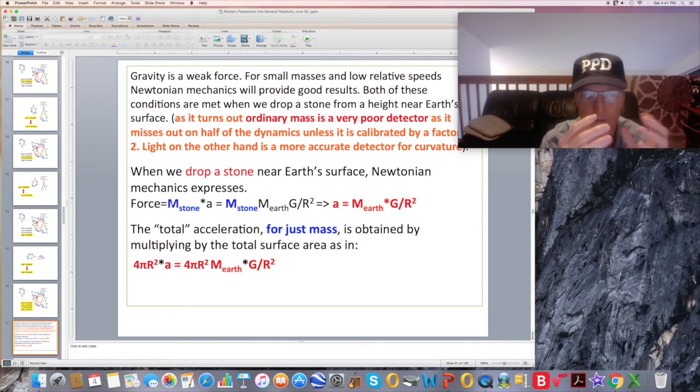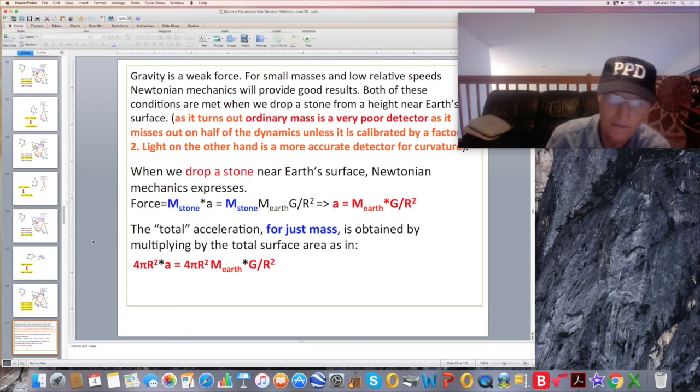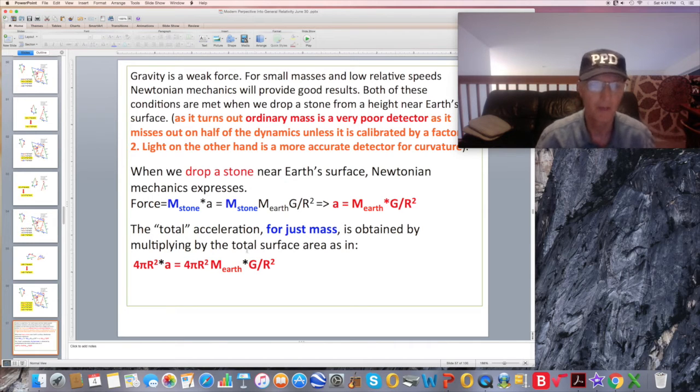So you multiply 4 pi r squared times the acceleration, which equals 4 pi r squared times the mass of the Earth times the gravitational constant G divided by r squared. So we get the expression for the total acceleration, which is for mass only. It also applies to the Einstein equation, but the Einstein equation we'll talk about next.